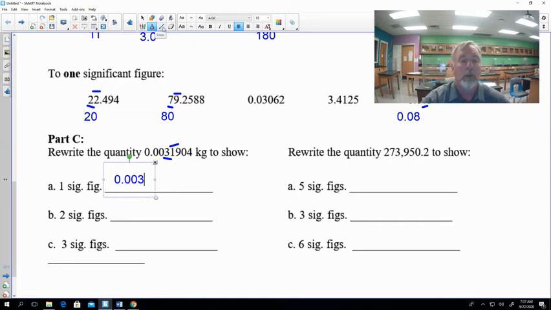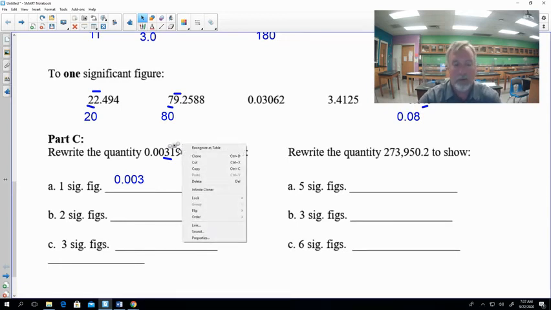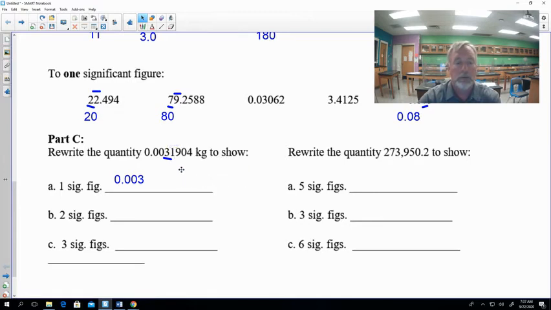All right. Let's look at our next one here then. So our next one wants 2 sig figs. So let's move this guy. Oh, it's not going to let me do that. Too small of a number. Let's see. So we want 2 sig figs. So we're going to count off our 2.